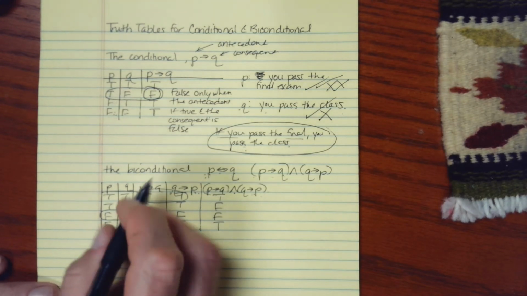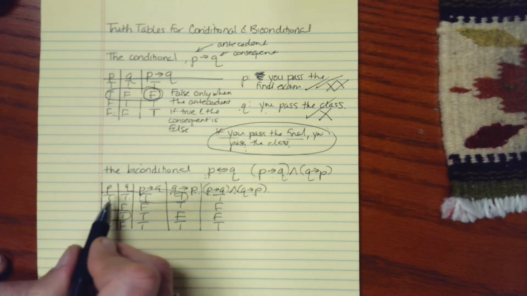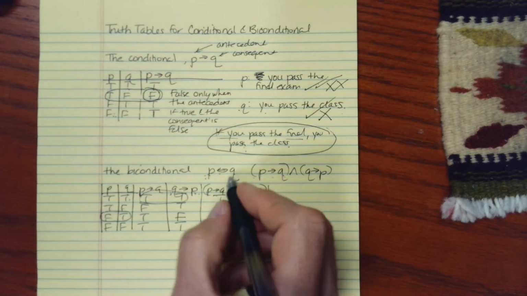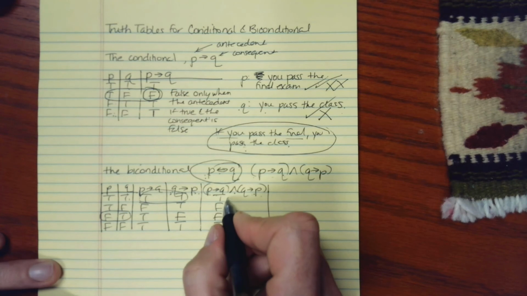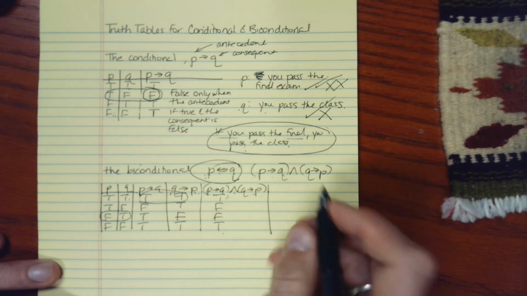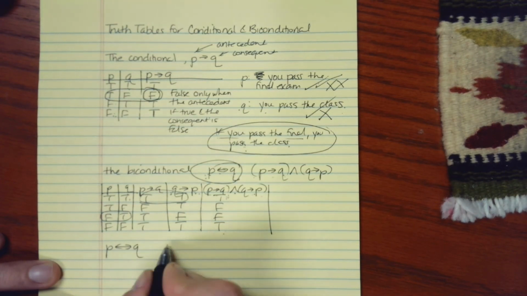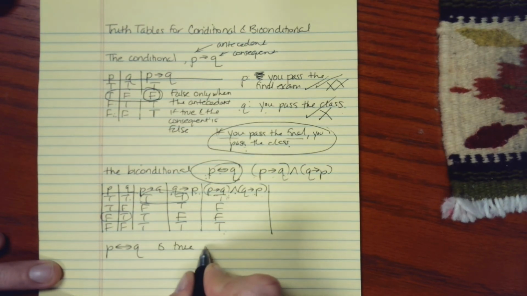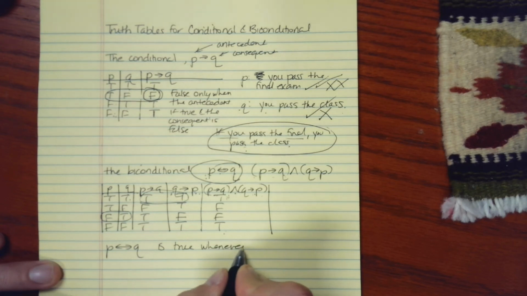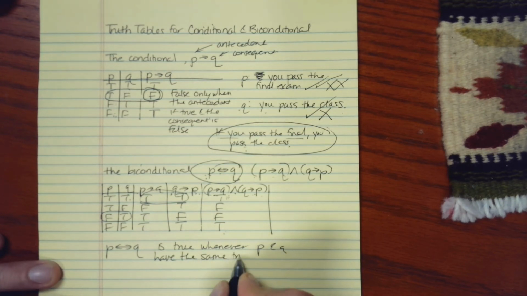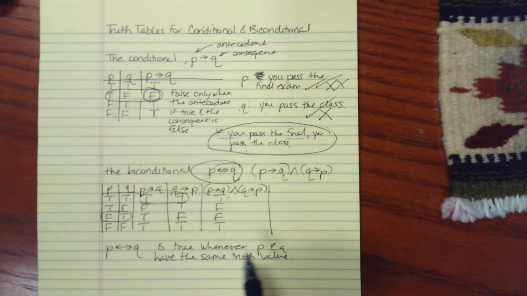Now, as far as my component simple statements, P and Q, notice that P if and only if Q is true whenever P and Q have the same truth value. In other words, they're either both true or both false. Otherwise, it's going to be a false statement.